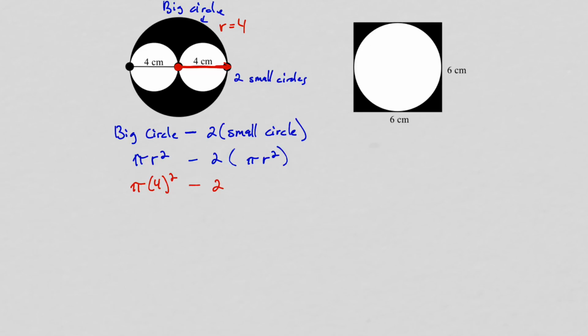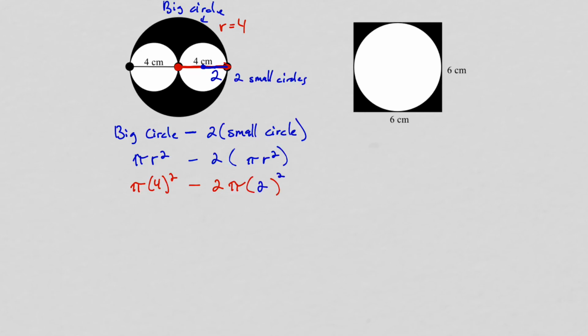And then the small circle, the radius of the small circle is from the middle to the edge, and that's half of 4, so that's going to be 2. Sorry. So this is going to be 2 squared.